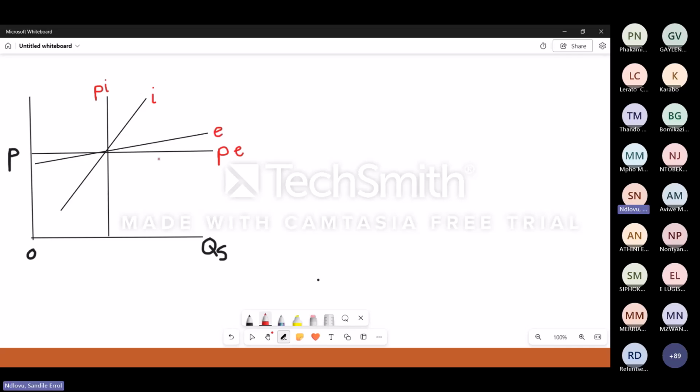And then for the elastic curve now, in this case, a small change in price. So maybe if the price increases by 2 Rand, they know that quantity supplied will also increase by 2 units, for example.